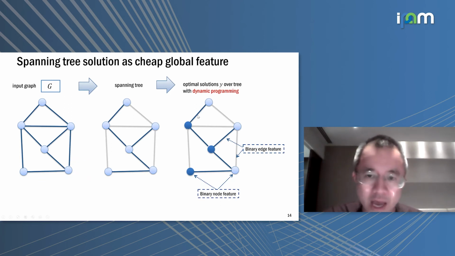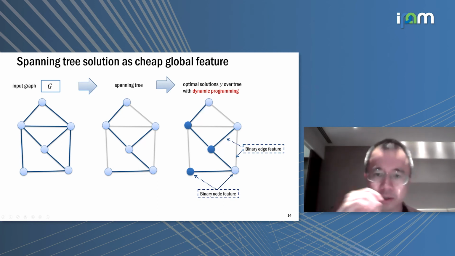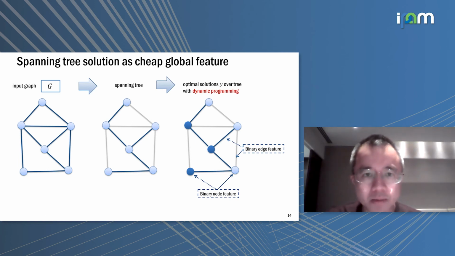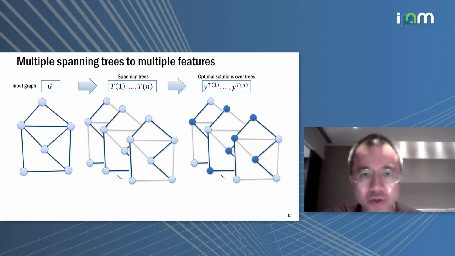Also for the edges, we add a binary feature indicating whether the edge is present in the spanning tree or not. You can imagine there might be multiple different types of spanning trees on the same graph.